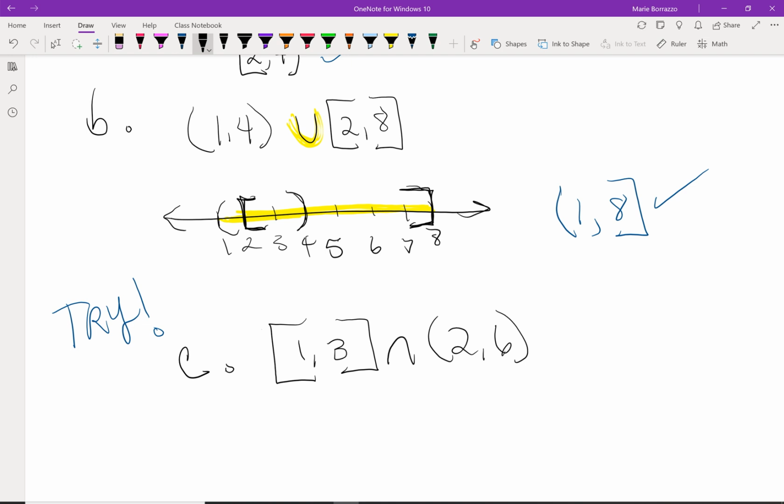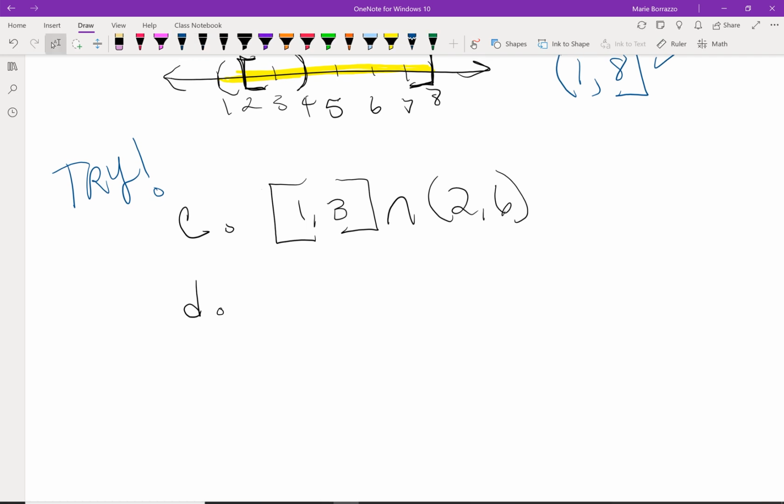And in D, I want to give you this one where I have 1, 3 inclusive, union 2 comma 6 exclusive, so nothing changes except for union.